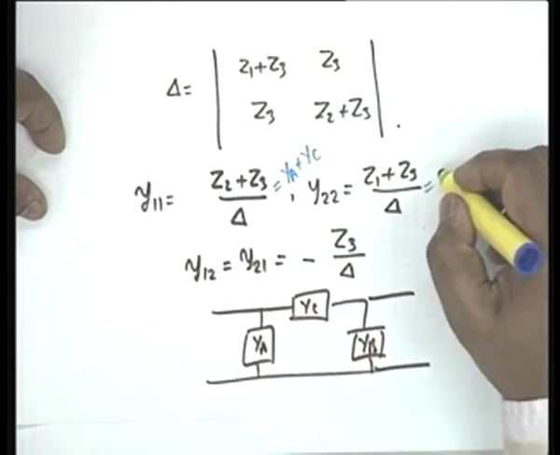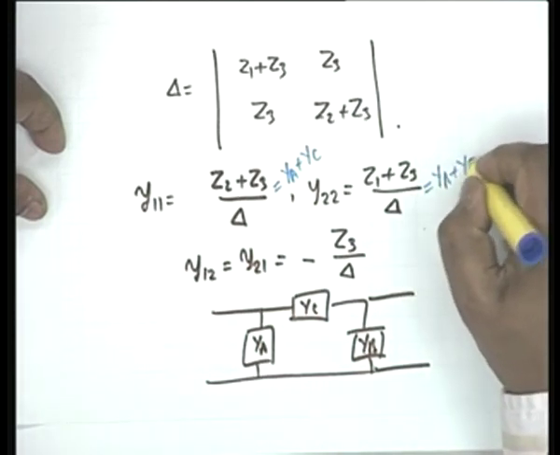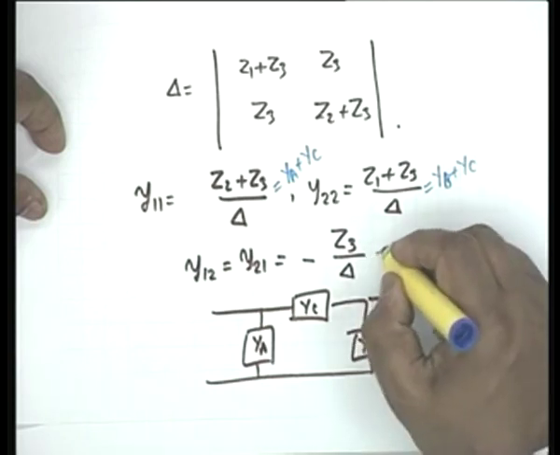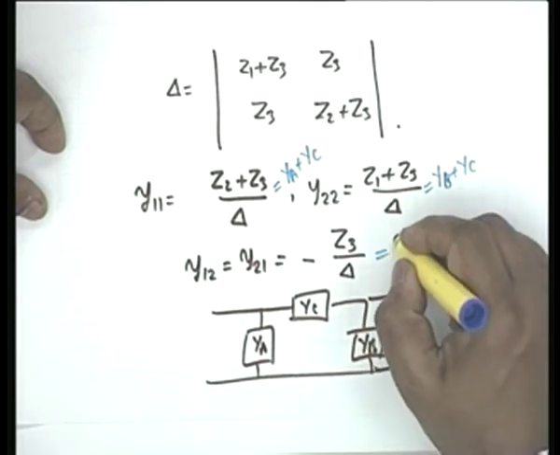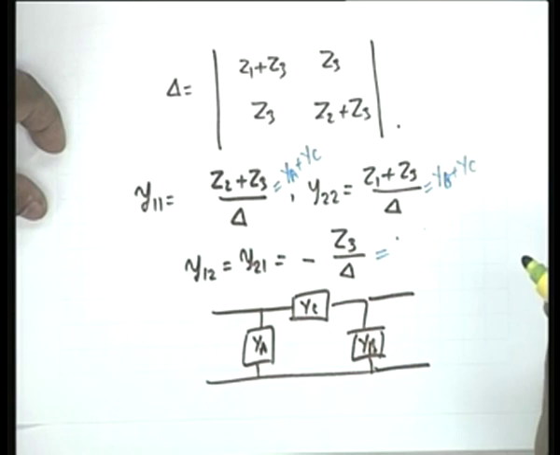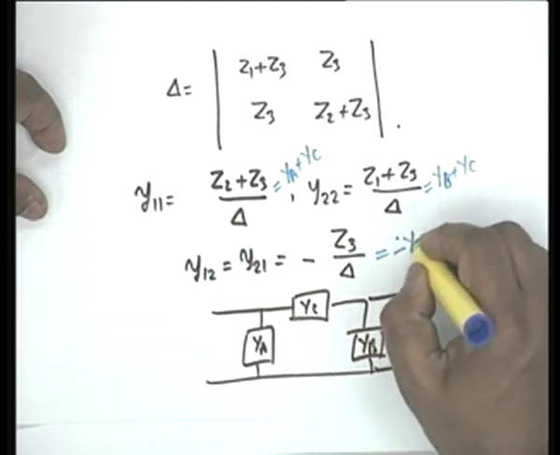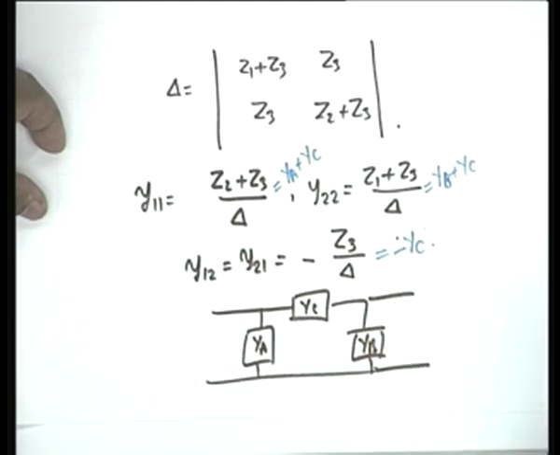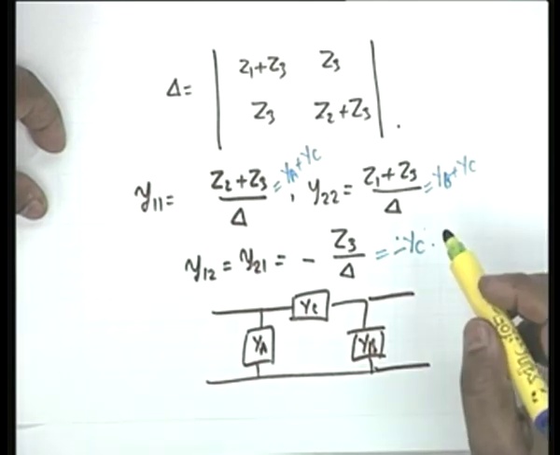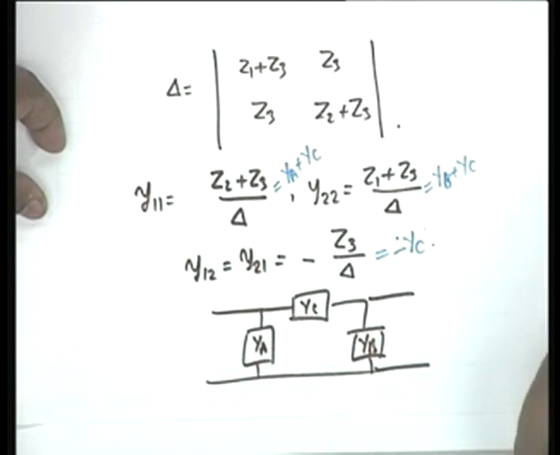We should equate this to YB plus YC, and we should equate this to minus YC. Alright, and therefore we find the values of YA, YB and YC.